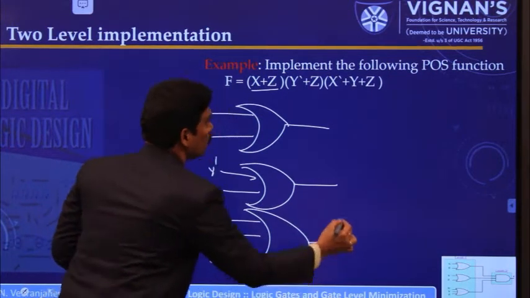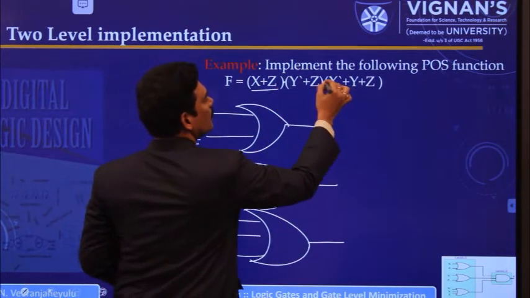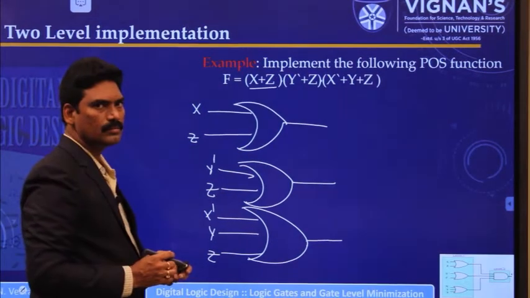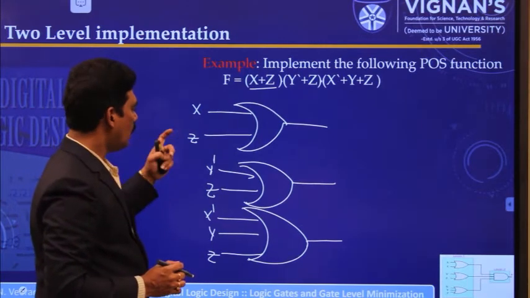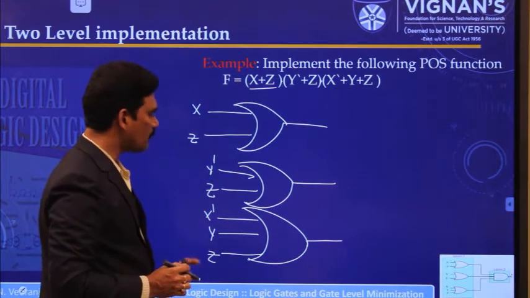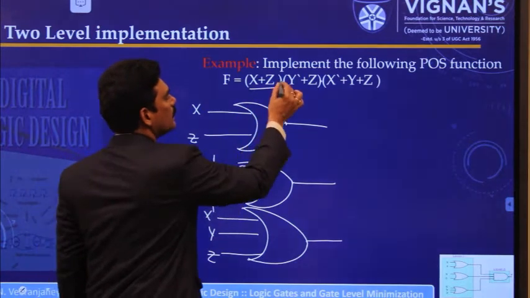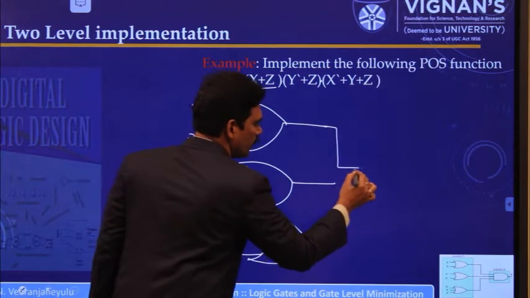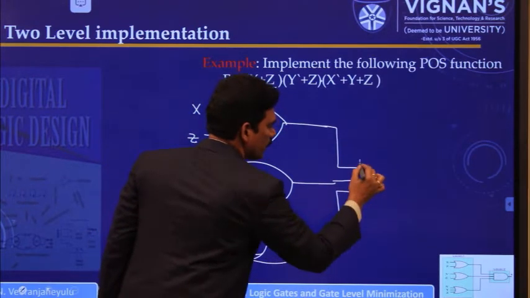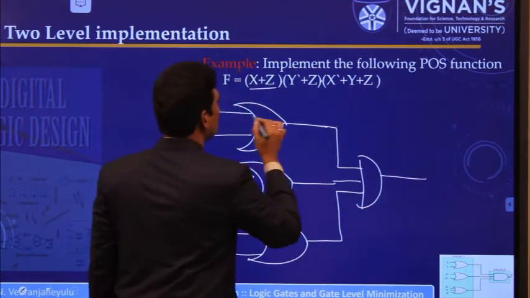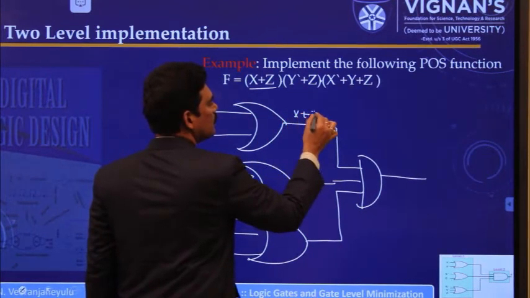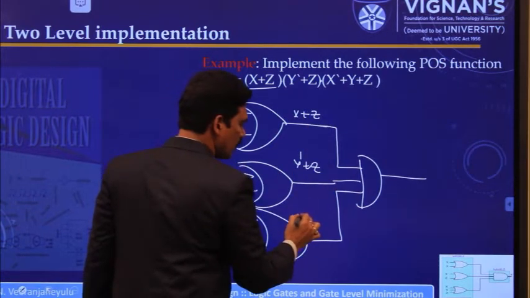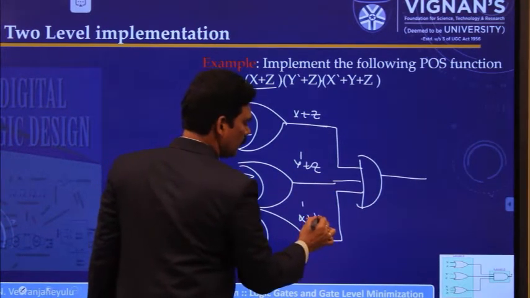And what we are doing here is multiplication, and this is another multiplication. This is x plus z, this is y bar plus z, and this is x bar plus y plus z.